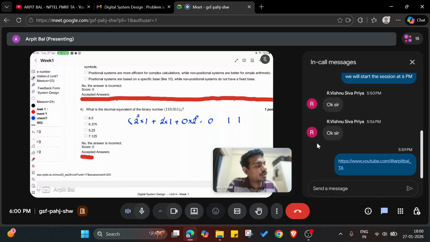But to the right side of 0, I will have 2 to the power minus 1 plus 2 to the power minus 2 plus 2 to the power minus 3. If I sum it up, I will have 4 plus 2 plus 0 plus 0 plus 1 by 4 plus 2 to the power minus 3 is 1 by 8.